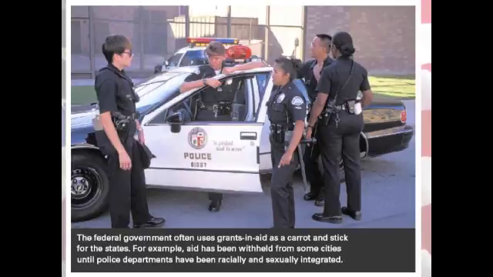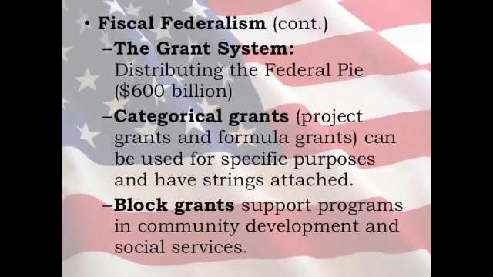The most common type of categorical grant is a project grant, awarded on the basis of competitive applications. Formula grants are distributed according to a formula based on factors such as population, per capita income, and percentage of rural population.